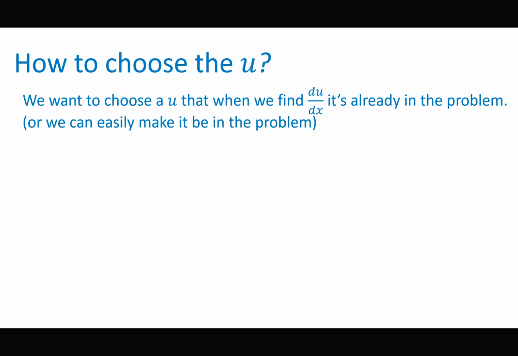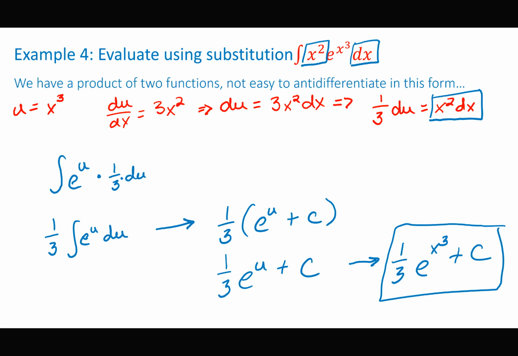Or even more specifically, when we get to du equals something dx, that's already in the problem. And that's exactly what we did on this last page: we got x squared dx, and that was already up there in our integral. So we're essentially replacing x squared dx with 1/3 du.